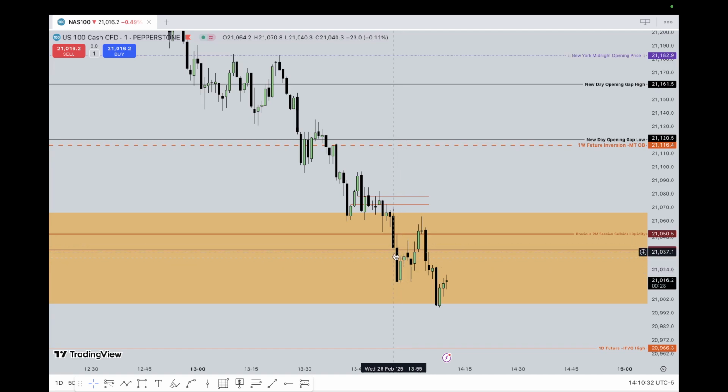I'm also looking at this mitigation block here in correlation with the 25% of this.